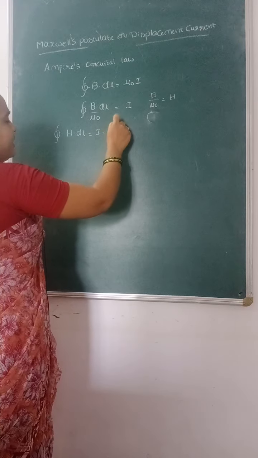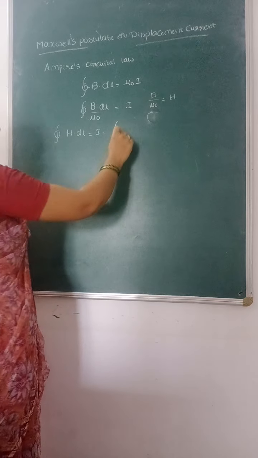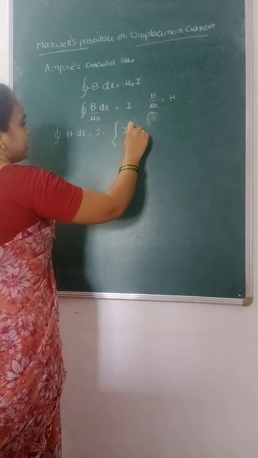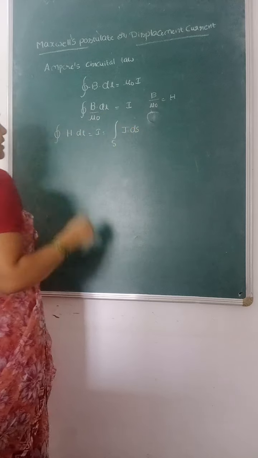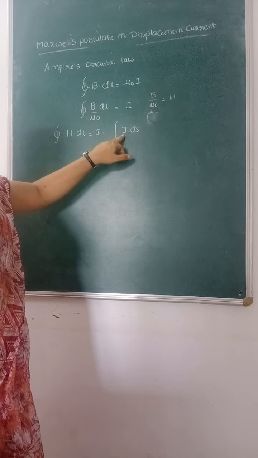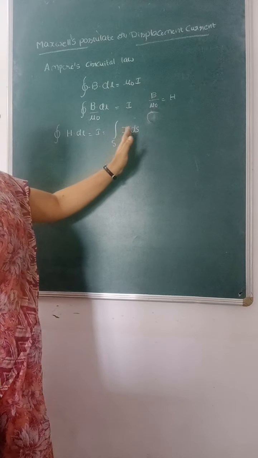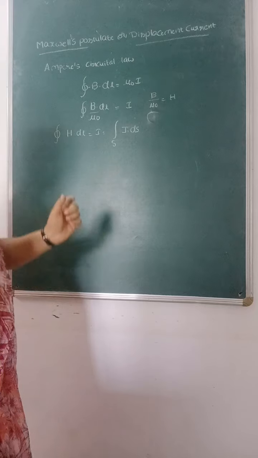So we can write this current passing through that element as the surface integral of current density multiplied by ds, where J is the current density, that is, the current flowing per unit area, multiplied by the unit area ds.